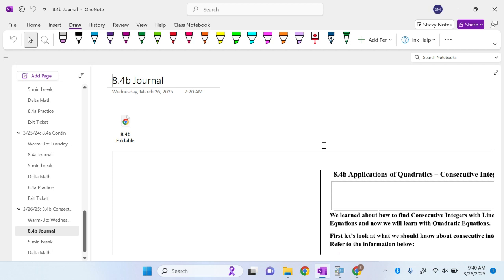Does anyone remember what a consecutive integer is? Give us a try. Not really, but you're in the realm of the integer part.